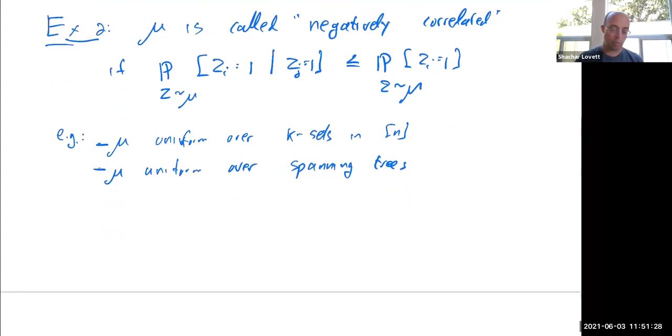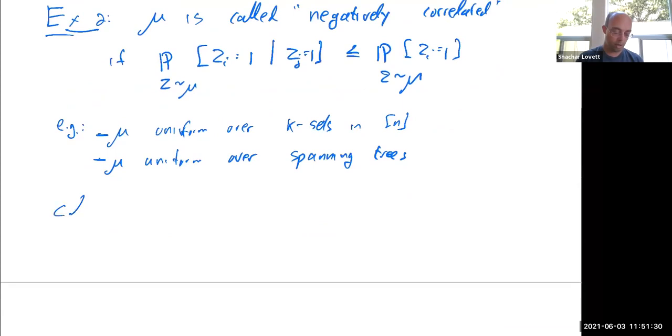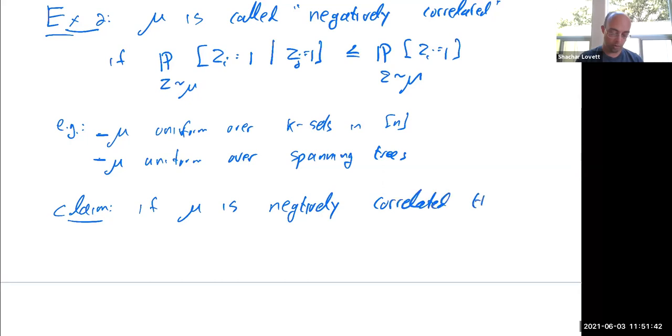And now let me just prove you this claim. Let's say, if mu is negatively correlated, then it is 1 spectrally independent. Actually, it's not. This is not true. If I just know it's negatively correlated, then we already know something about the global correlation matrix.